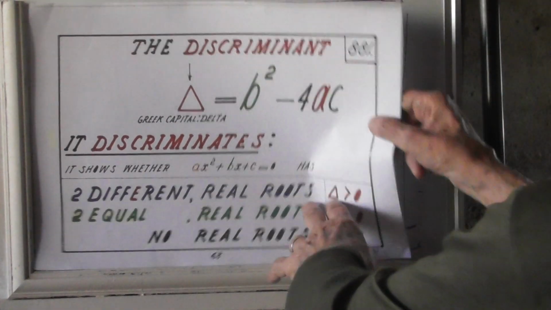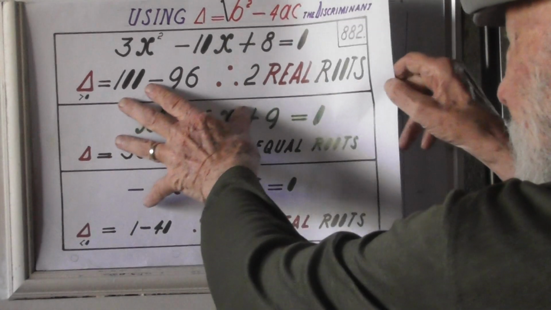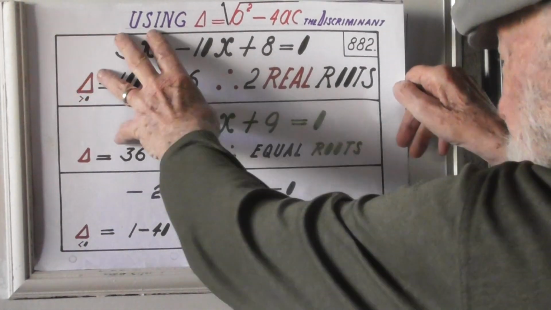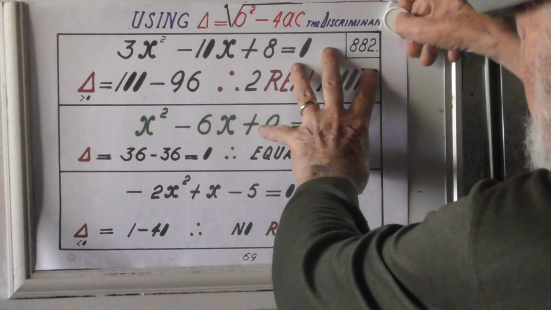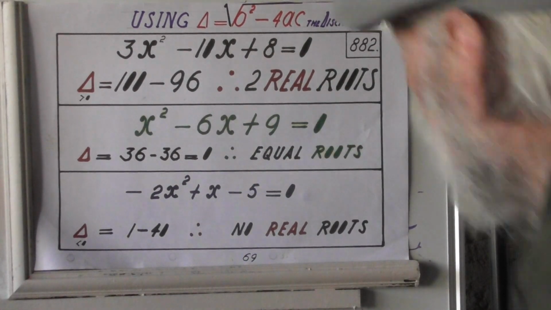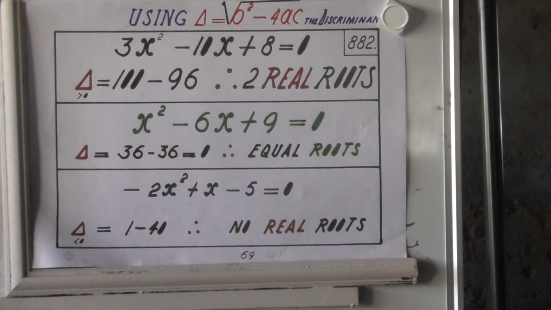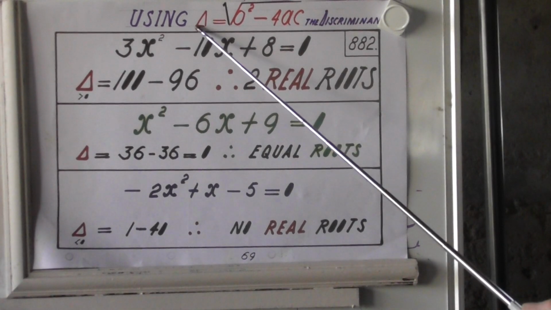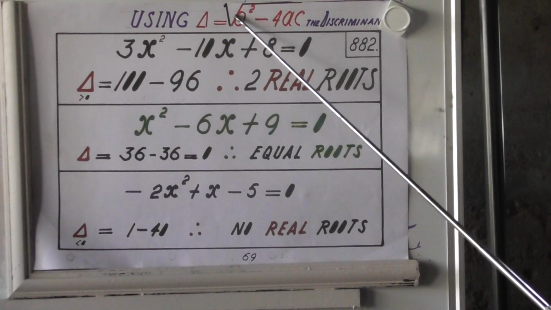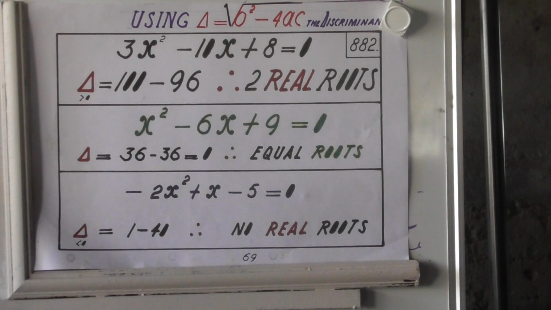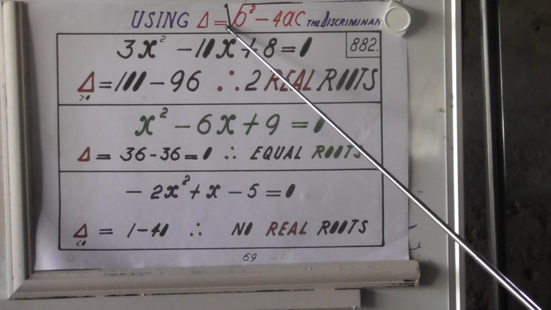The discriminant. It discriminates. The discriminant is actually only the bit under the square root symbol. So forget about this.